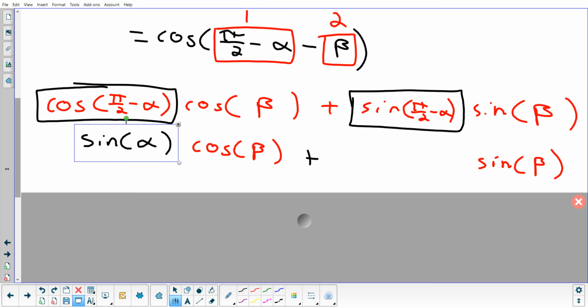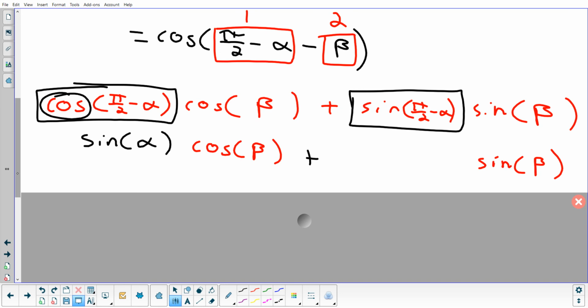It doesn't turn into negative sine of alpha. So when you do pi over 2 minus alpha, what ends up happening is this trig function changes. So it turned into sine of the angle. So what do you think this one would turn into? Yeah, it'd be negative cosine. Just positive.